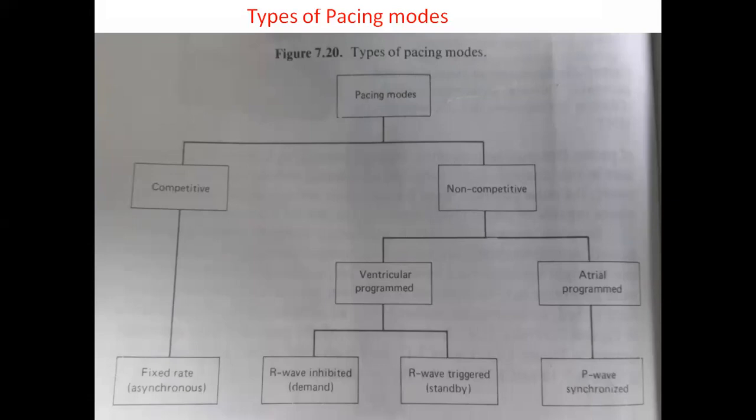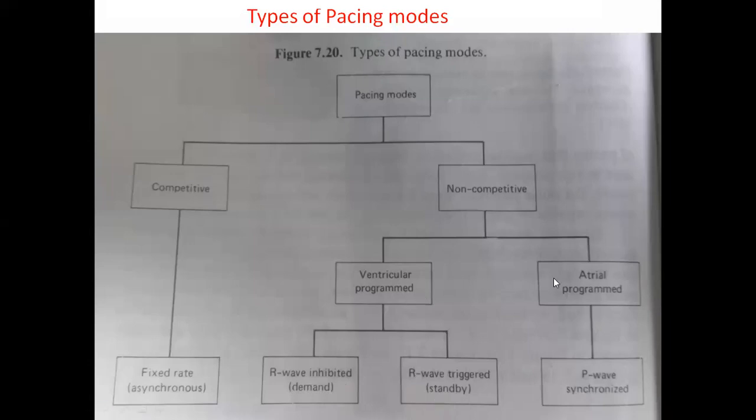One is applied for the ventricles, and another is applied for the atria. The pacemakers applied for the ventricles are again divided into two types. One is R wave inhibited, which we can call the demand type, and another one is R wave triggered, which we can call the standby type.